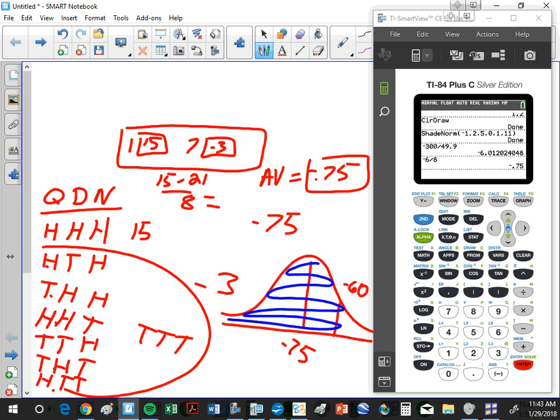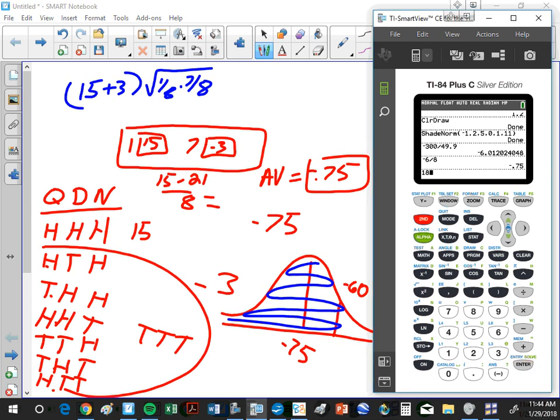So I need the SE. How do I find the SD? 15 plus 3 times the square root of 1/8 times 7/8. Does everybody understand that? Yep.